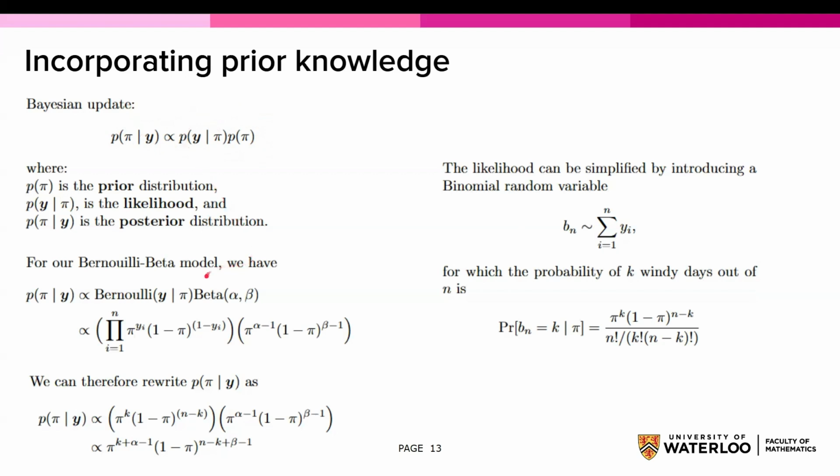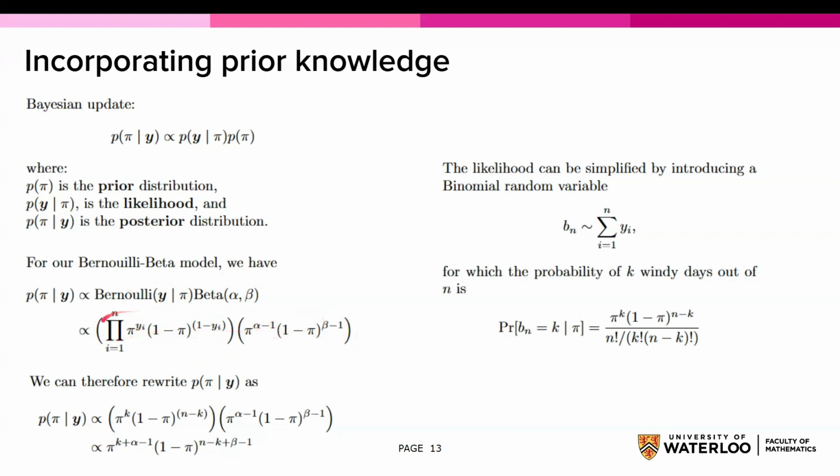And so for our Bernoulli beta model, we would have that the posterior distribution is proportional to the likelihood of Bernoulli multiplied by the beta distribution, and then we would sub in our expression for the likelihood and the beta distribution that we had before.